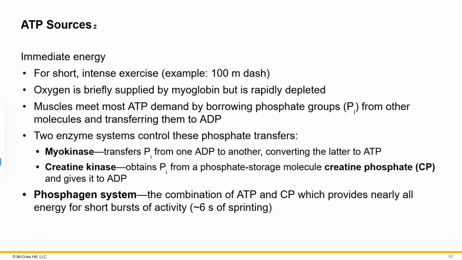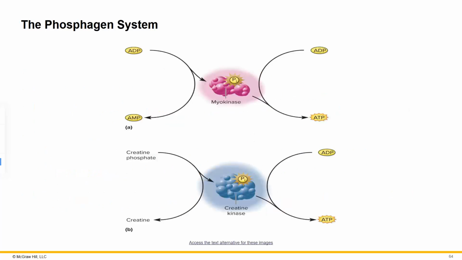So this is why some bodybuilders will consume creatine, because creatine can store phosphate groups, which allows you to maintain your muscle contraction for a longer period of time, or decreases the time to fatigue for a muscle. In the phosphagen system, the combination of ATP and CP provides nearly all energy for short bursts of activity. These are the phosphagen systems, so you can see the myokinase, creatine kinase.